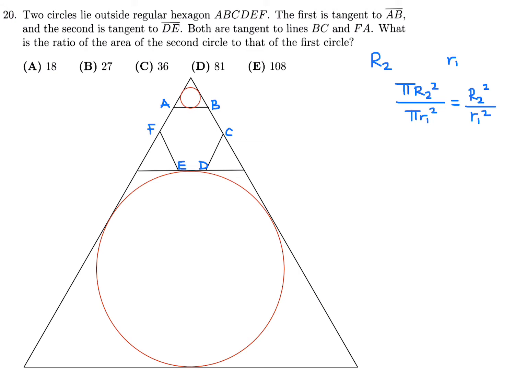So here we go. The first thing I want you to notice is how I constructed this hexagon. I constructed it by first drawing an equilateral triangle right there, and then chopping off smaller equilateral triangles from each side.